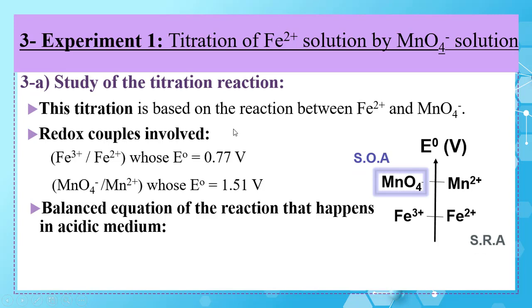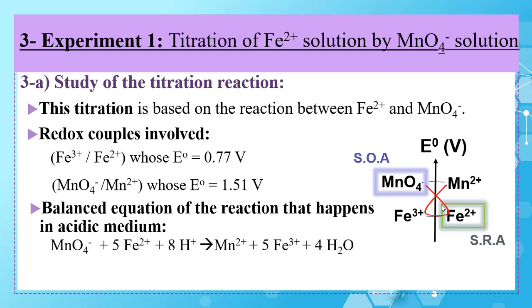We have MnO4-, which is the stronger oxidizing agent, having more oxidizing power, and Fe2+, which is the stronger reducing agent, having more reducing power. Therefore, a reaction will take place between MnO4- and Fe2+, producing Fe3+ and Mn2+. So the balanced equation of this reaction will be as follows.